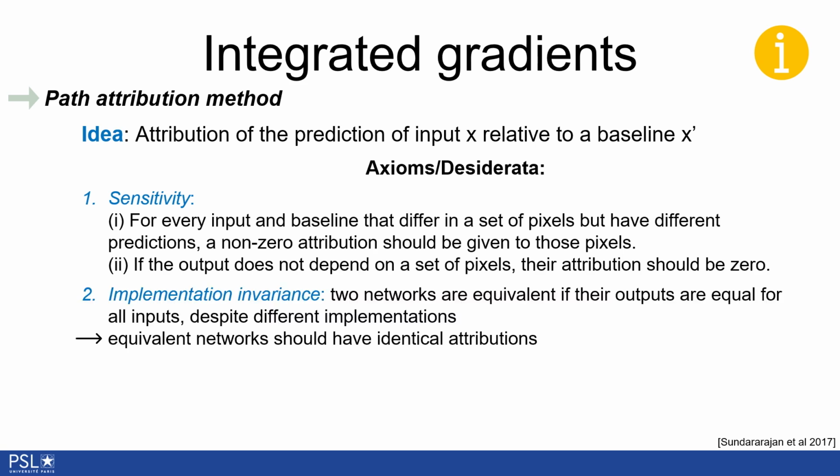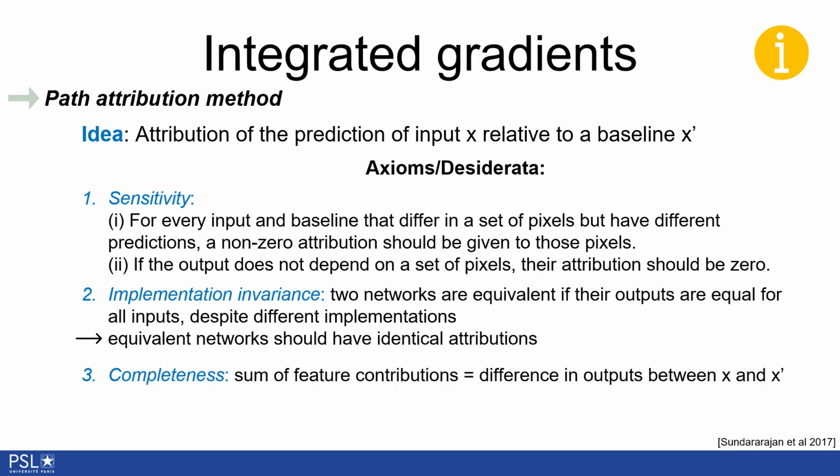The second axiom is implementation invariance. It states that two networks are equivalent if their outputs are equal for all inputs, despite different implementations. So equivalent networks should have identical attributions. The third and final axiom is completeness. It states that the sum of feature contributions identified by a saliency map should add up to the difference in outputs to x and x prime.